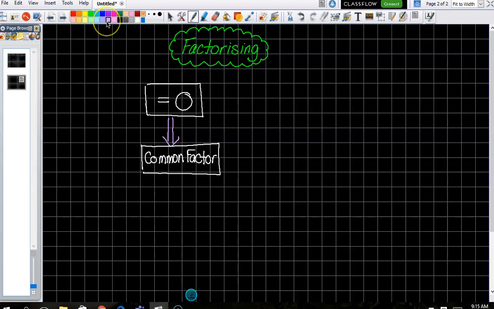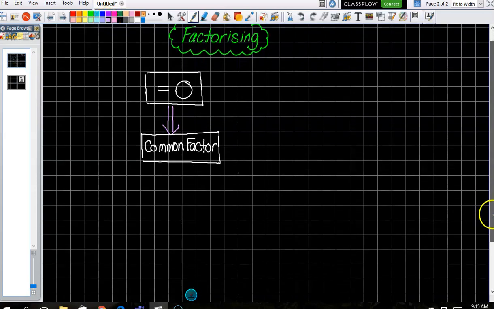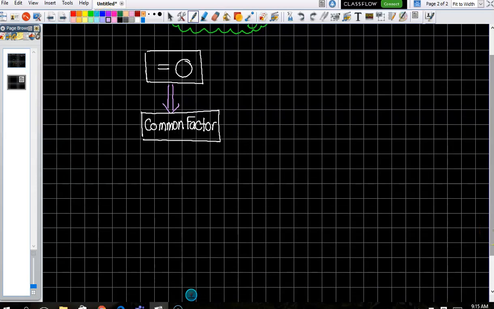What's the next thing that you should do? There is a common factor, or there wasn't, bang, you've done it. What do we do next? So you pulled out the common factor.